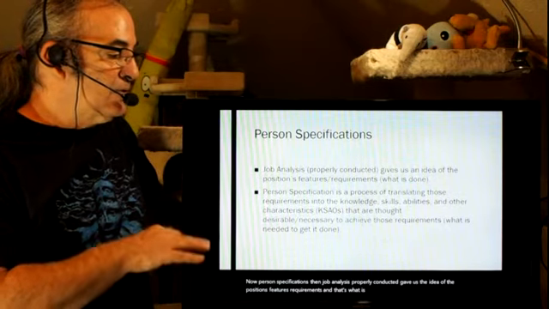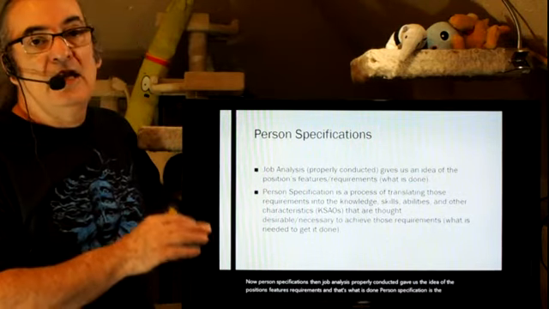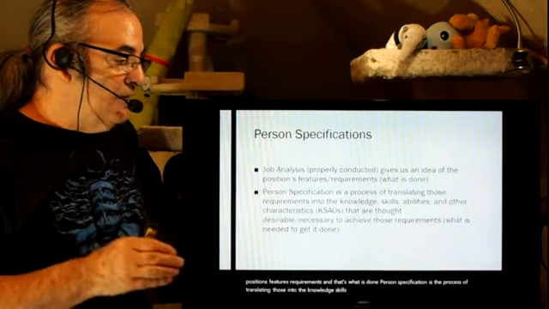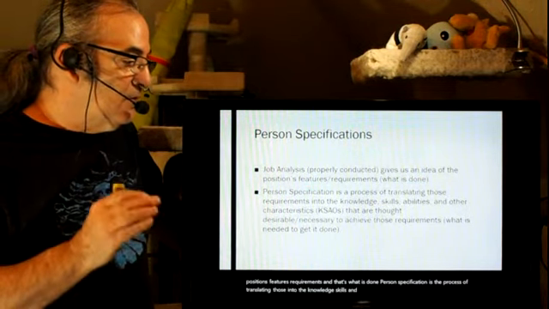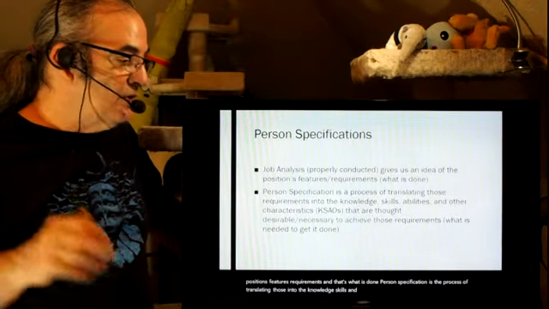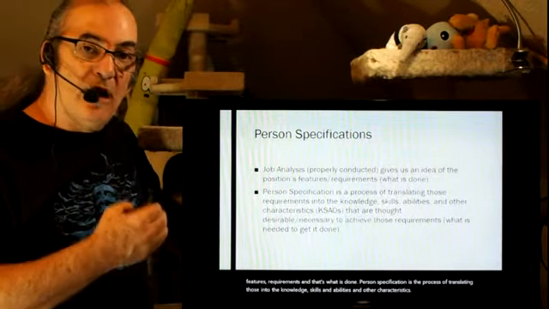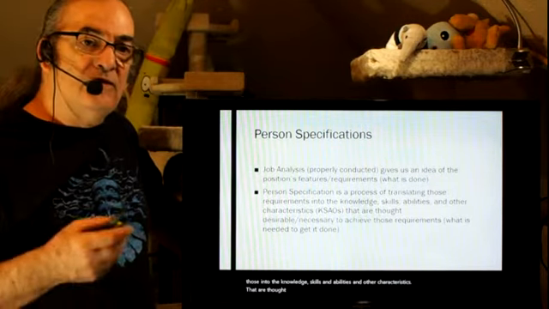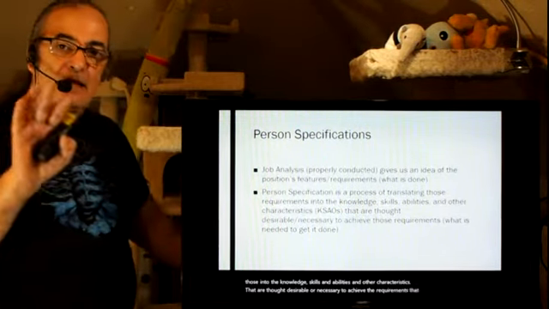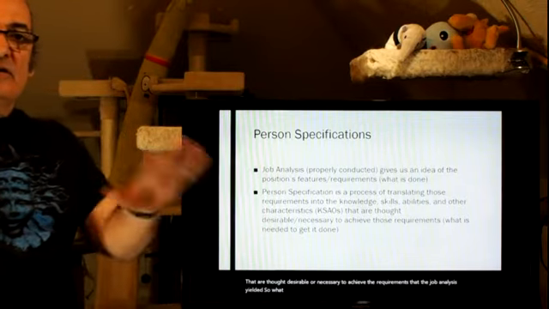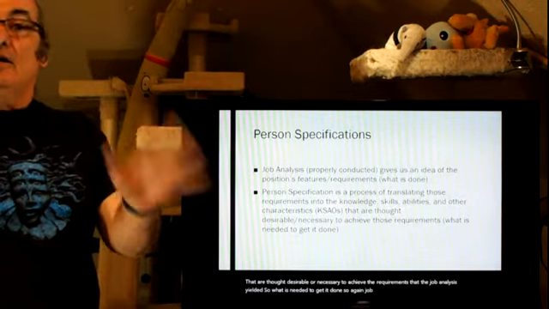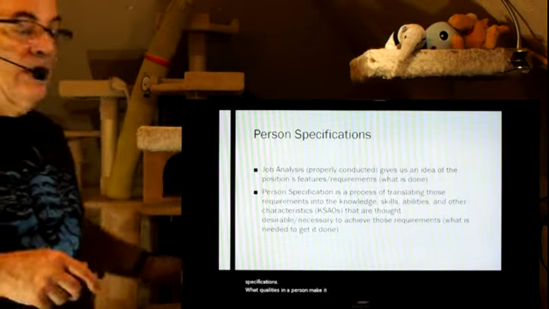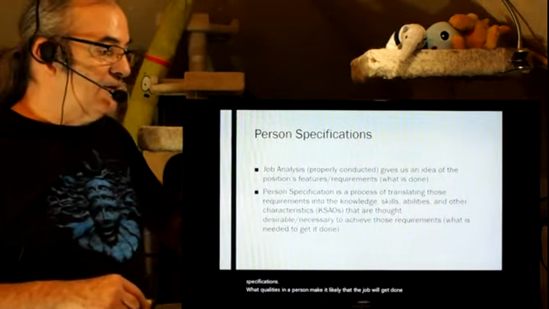Person specification is the process of translating those into the knowledge, skills, abilities, and other characteristics that are thought desirable or necessary to achieve the requirements that the job analysis yielded. So, what is needed to get it done? So, again, job analysis is what is done; person specifications are what qualities in the person make it likely that the job will get done well, will be done in excellent fashion.